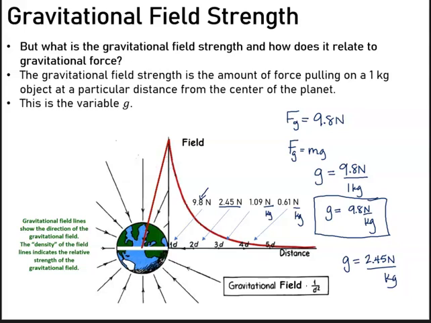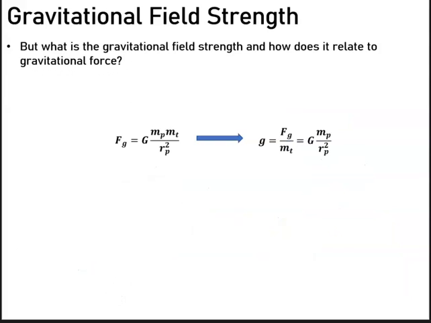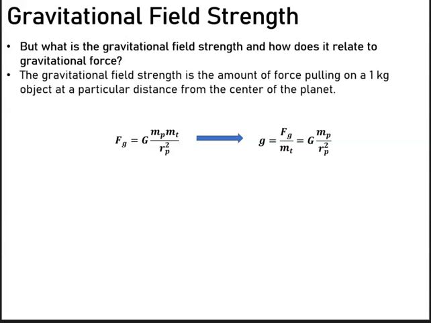This is the variable g. The gravitational field strength is just the amount of force pulling on a 1 kilogram object, that's that test object, at a particular distance. The calculations that we can do with this start with our gravitational force equation, and instead of m1 and m2, m_p is the mass of a planet.